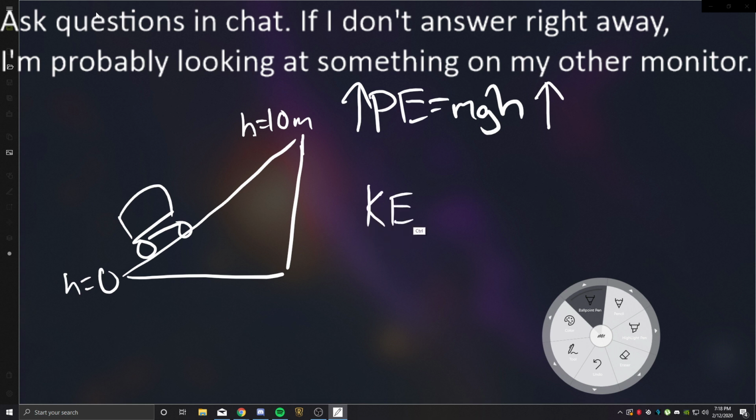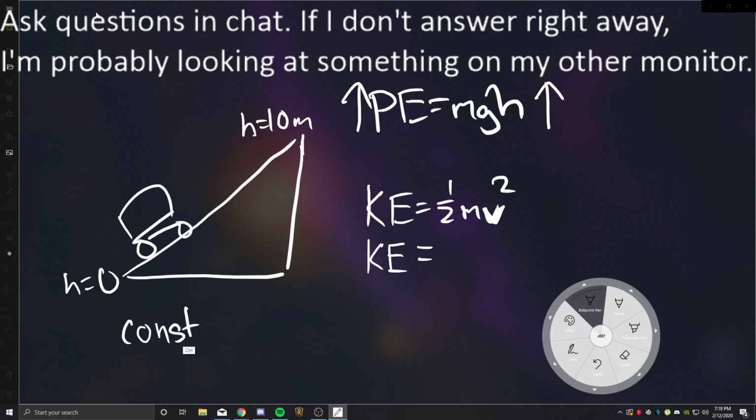And the formula for kinetic energy is 1/2 mv squared. So if your velocity increases, then your kinetic energy must increase as well. But let's say this car is traveling at a constant speed. Well, if I'm traveling at a constant speed, my velocity doesn't change.